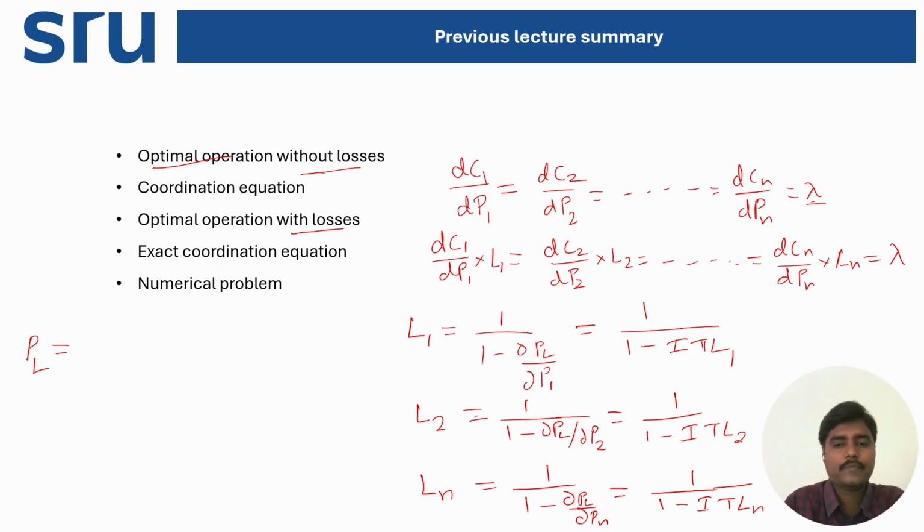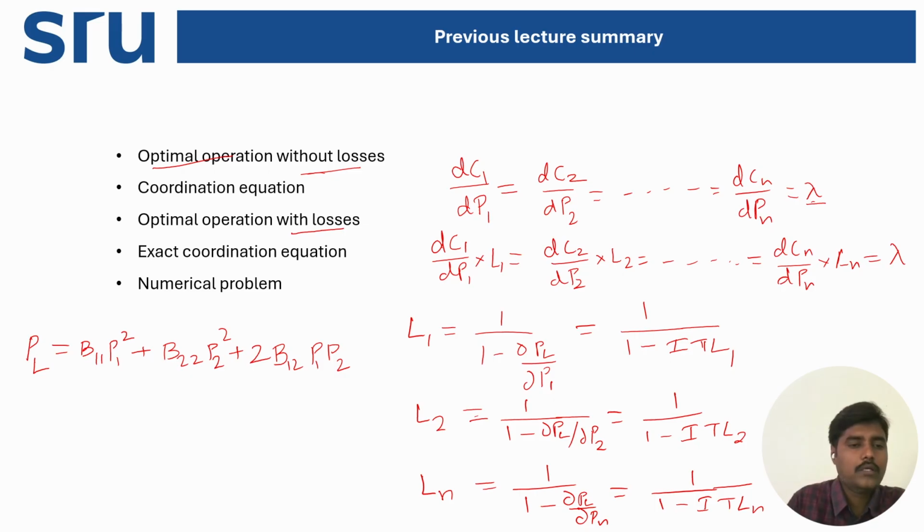Here PL is called the power transmission losses, and that can be expressed by using loss coefficients or B coefficients. We have seen the derivation of loss coefficients from the loss formula in the previous lecture. So PL can be written as B11 P1 square plus B22 P2 square plus 2 B12 P1 P2, where B12 is also equal to B21.